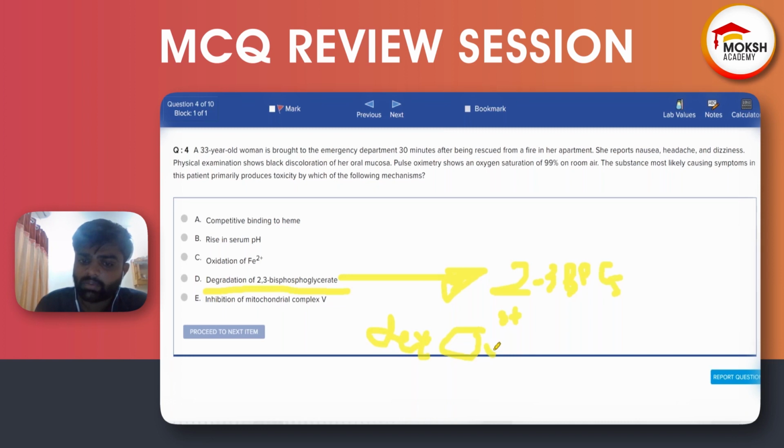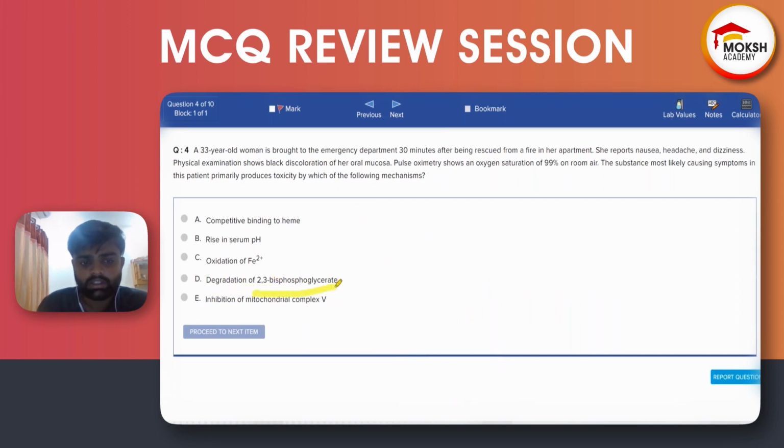So whenever 2,3-BPG is decreased, there will be decreased delivery of oxygen to the cell. Remember, what 2,3-BPG does is it stabilizes the deoxygenated form of hemoglobin.